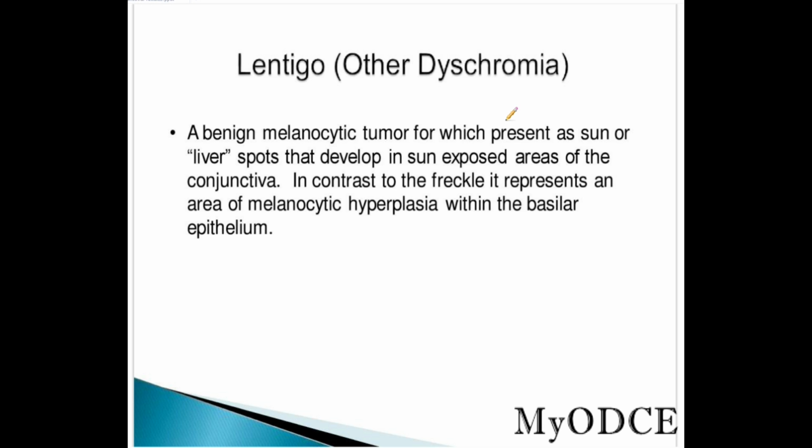And just like with nevus of Ota, the distinction between lentigo and other melanocytic lesions is its role as a marker for UV damage and also systemic problems as well.